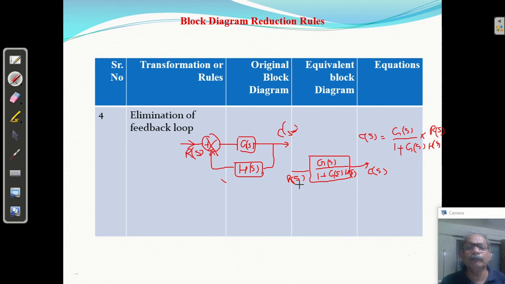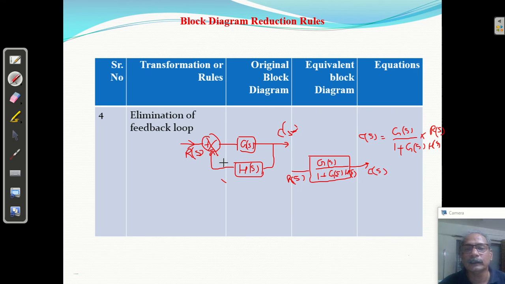So it is very simple. You can replace the closed loop control system with an open loop system like that. So these rules, 7-8 rules are there. If you know all these rules, you can find the transfer function of any given system.